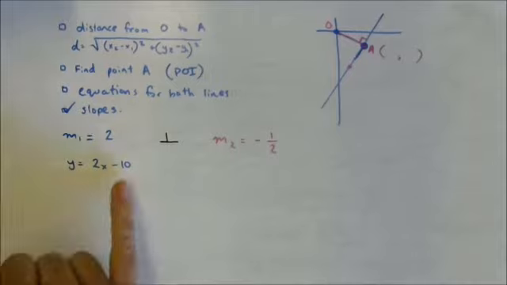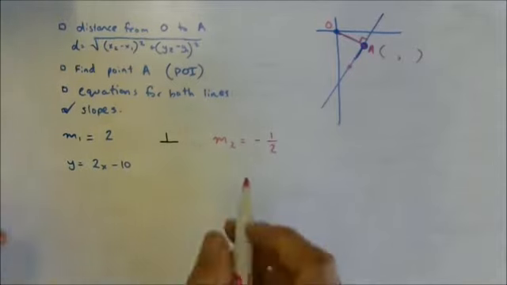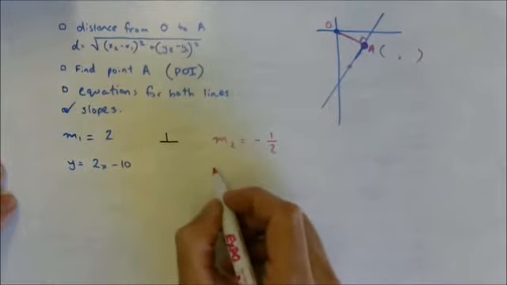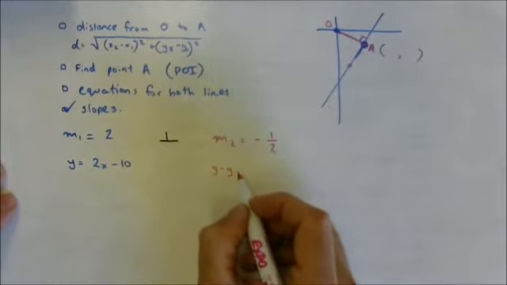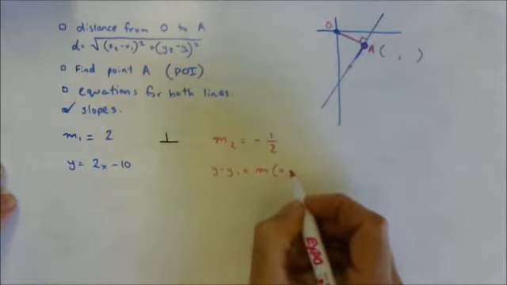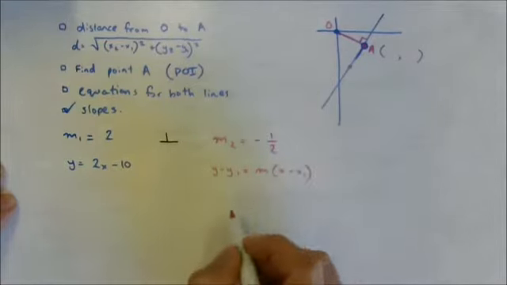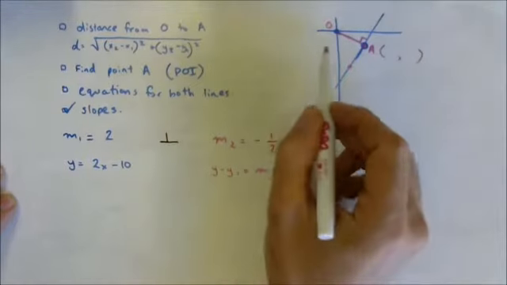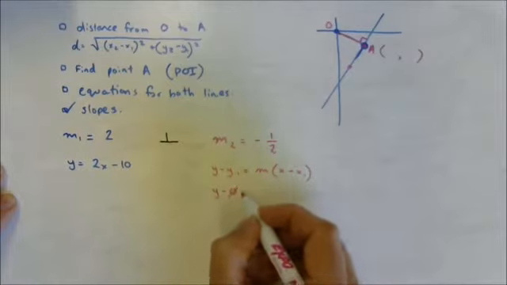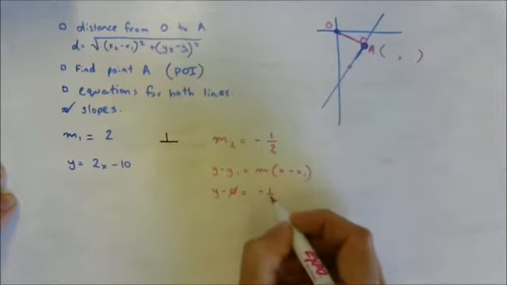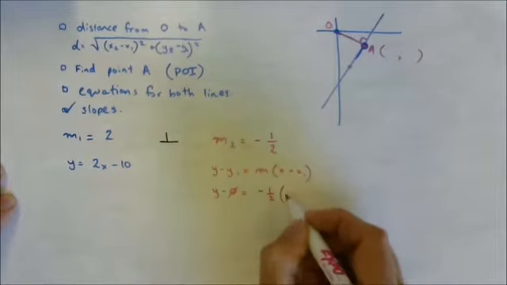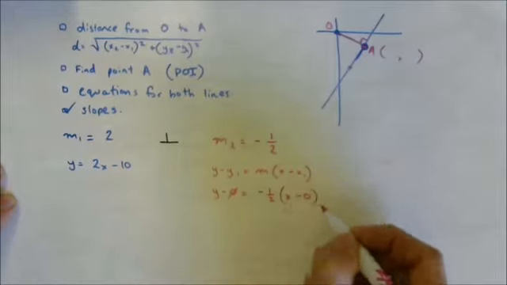Okay, we have the slope and we have the y-intercept. So now we go over to our pink line. What do we know about that line? We know its slope, and we know one of the points. What point do we know? Yeah, 0, 0. The origin is at 0, 0. So we've got y minus 0 equals negative 1/2 x. I'll use the brackets, sorry. In brackets, x minus 0.